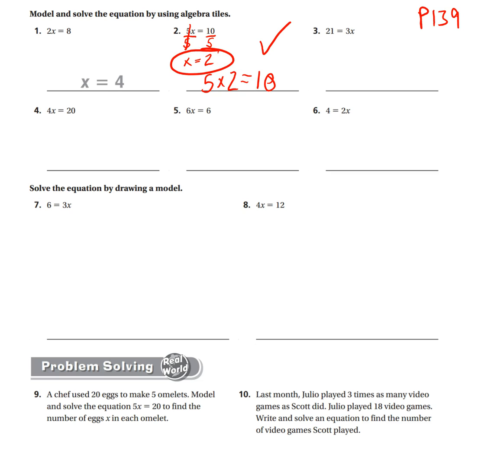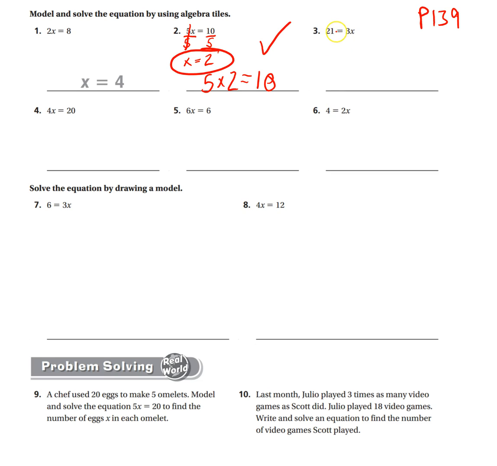Okay. Now, the reason I don't love the models, well, there's a couple reasons, but one of the biggest reasons is for problems just like number 3. It's going to be time consuming to sit there and draw 21 little squares, okay, in my opinion.